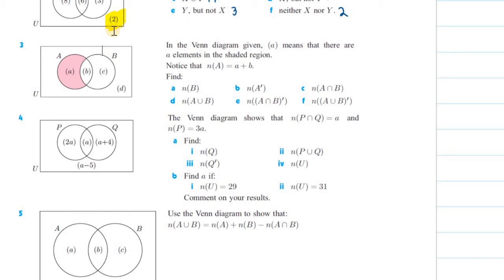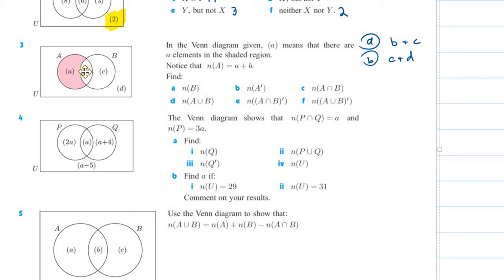So if we're looking at example A here, if we want to say what was the number of things in B, we would say it's however many items are in little area B and however many items are in little area C. If we wanted to say how many items were not A, that would be everything that was not in A. So that's going to be area C plus area D.